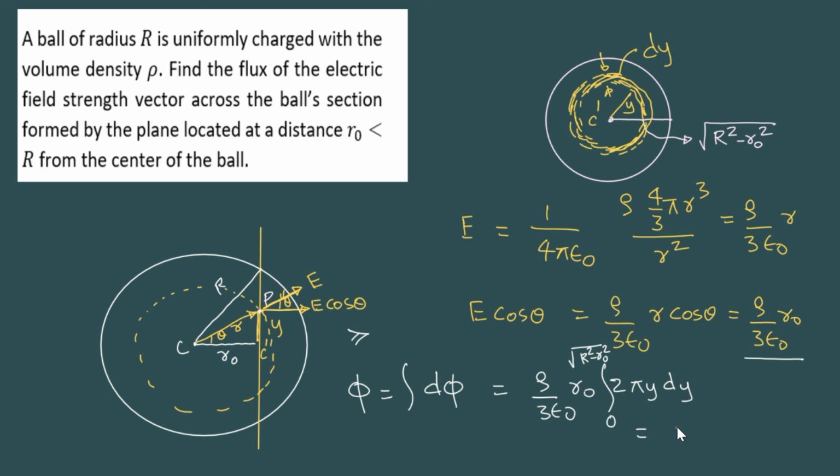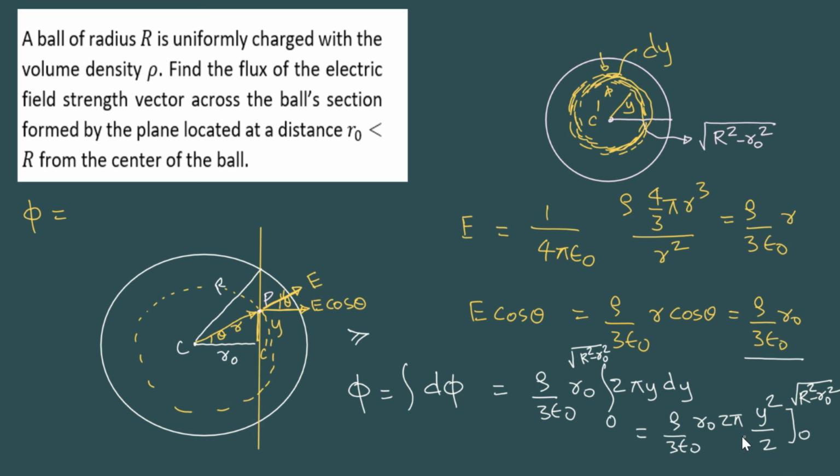So let's pull this constant out: rho by 3 epsilon naught r naught into 2 pi. I will get y square by 2. The upper limit is r square minus r naught square, and the lower limit is 0. So what is the flux overall?